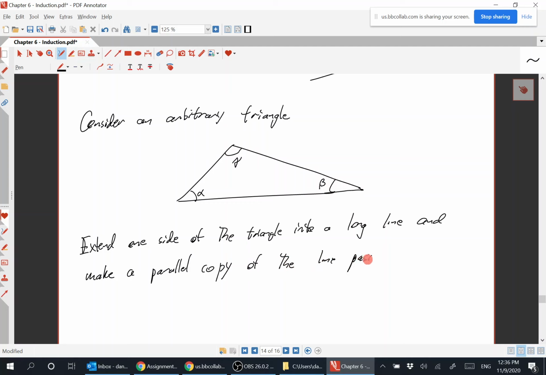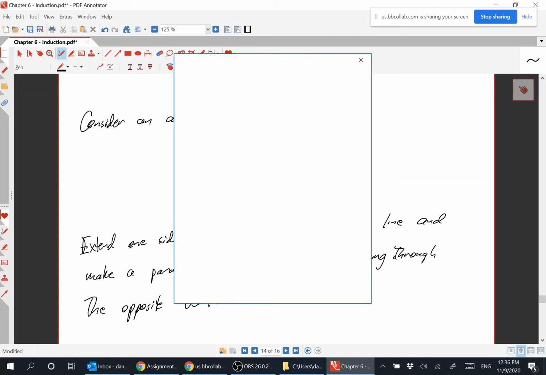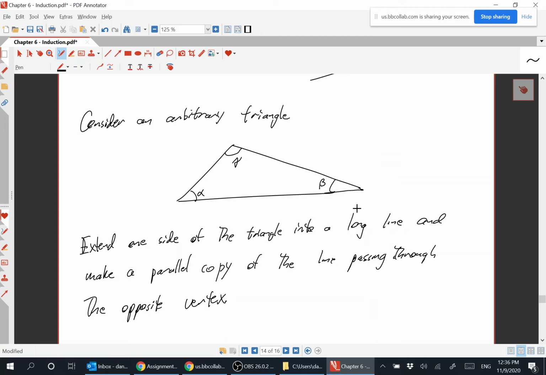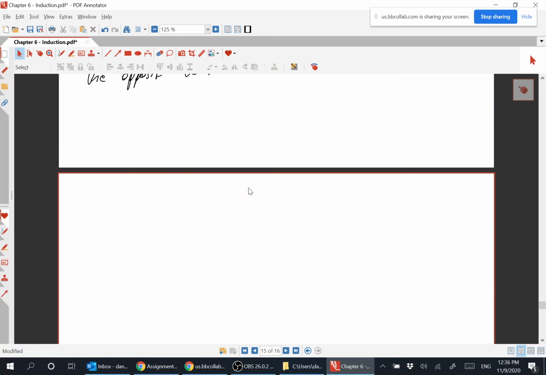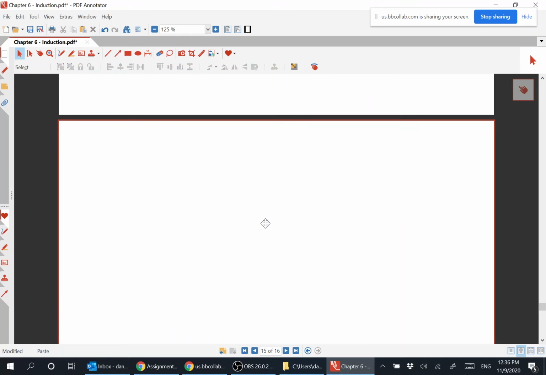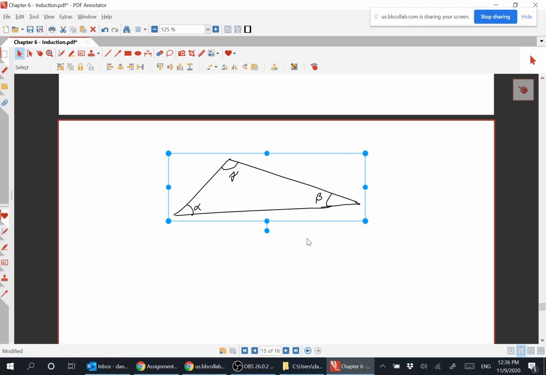The copy passes through the opposite vertex. So here's our triangle. We want to take just one side of it.